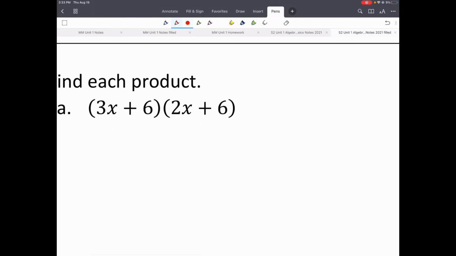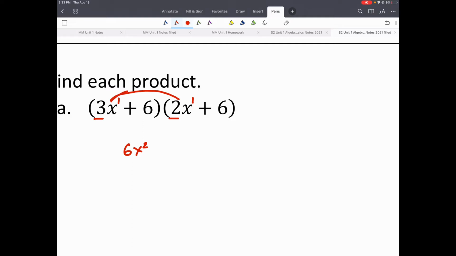Okay, so if we want to do this, we're going to use the distributive property. We're going to distribute 3x to 2x, so that should give us 6x squared. So again, we multiply the coefficients like normal, and x times x is x squared. Basically, we add their exponents.